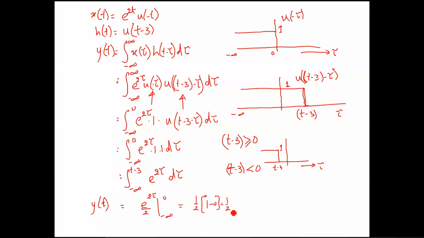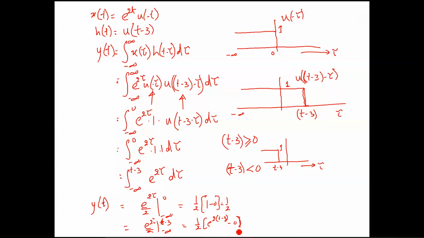And for the second case, it becomes e to the 2 tau over 2 from minus infinity to t minus 3. This will become half, and inside we are going to get e raised to the power of 2 times t minus 3, minus 0.